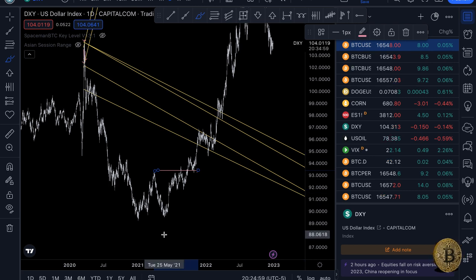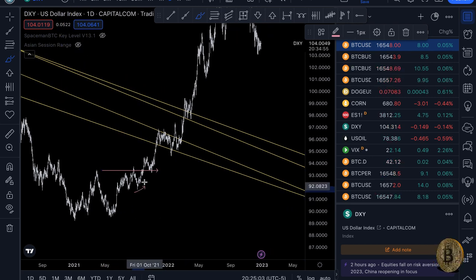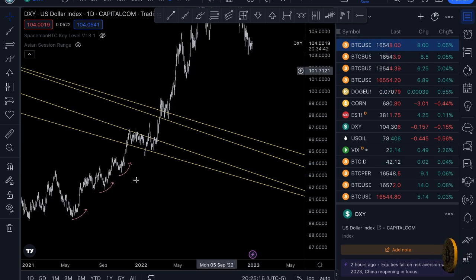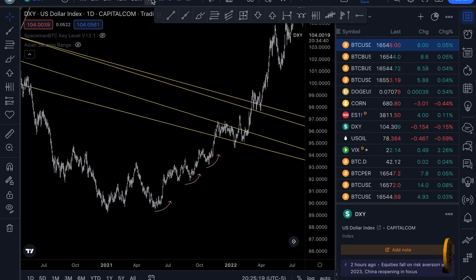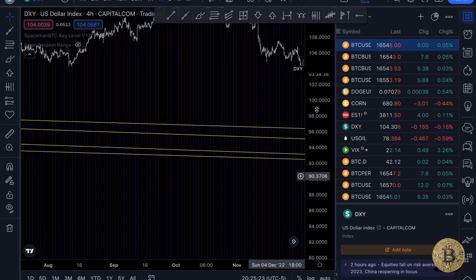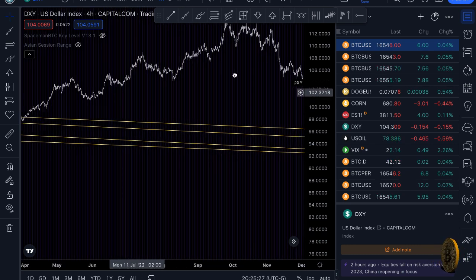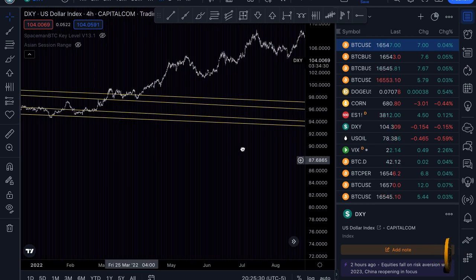So somewhere either in here or in here, or possibly even here, there should be a head and shoulders that will give us some perspective on where we're at. So let's drop down to the 4 hour. Go back to those zones.